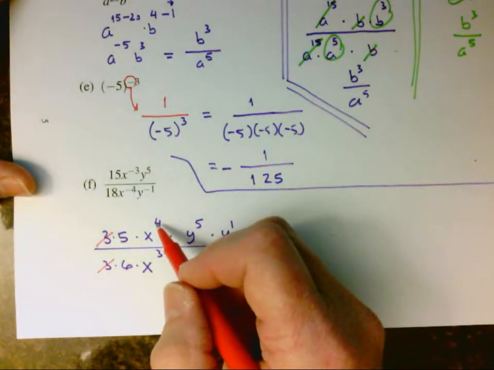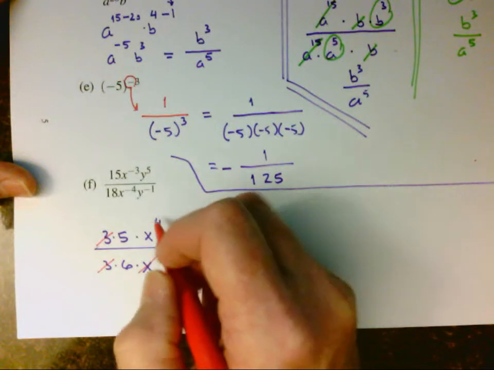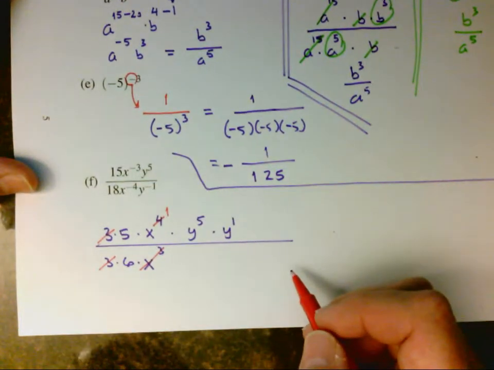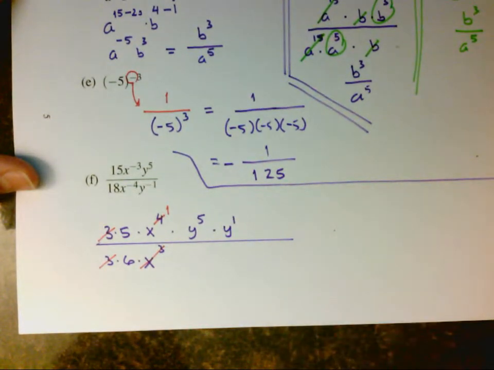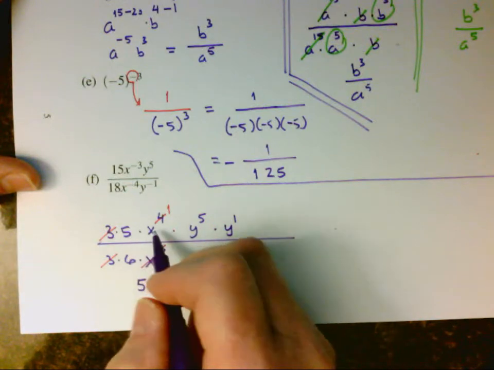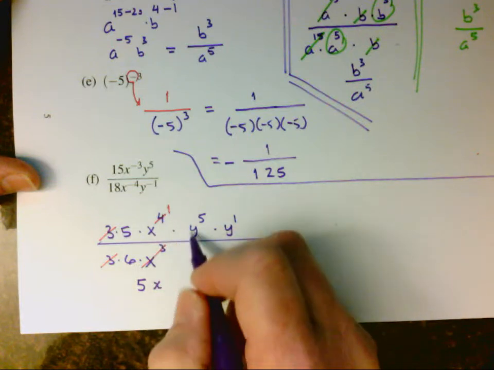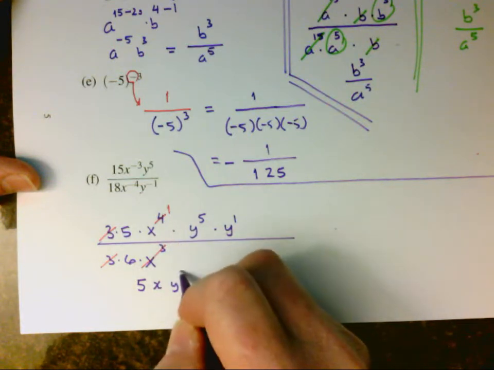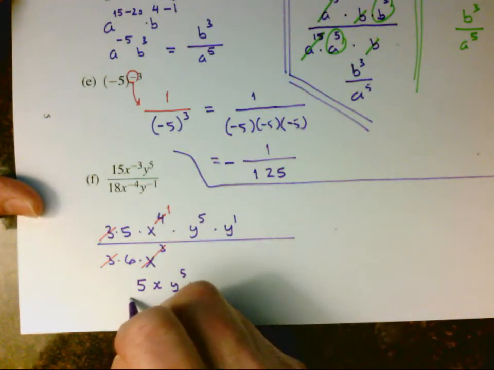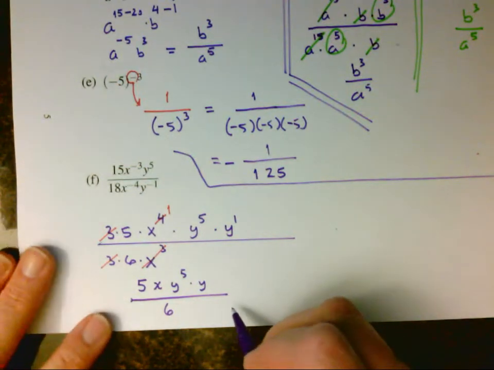We have 4 copies of x on top and 3 on the bottom. So 3 copies of x take away 3 of these, and we're left with 1 copy of x on top. So we're left with 5 times x to the 1, which we write just as x, times y to the 5th, times y to the 1, and we're going to do one more step of simplification because I didn't get it all done in that one step, but that's no big deal.